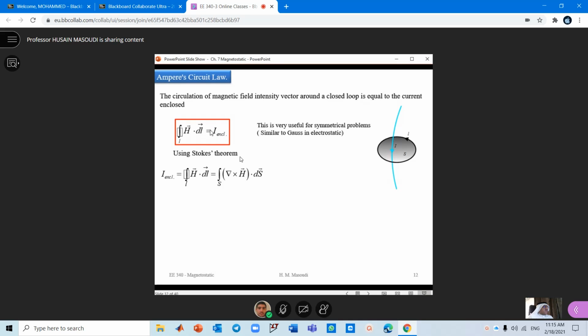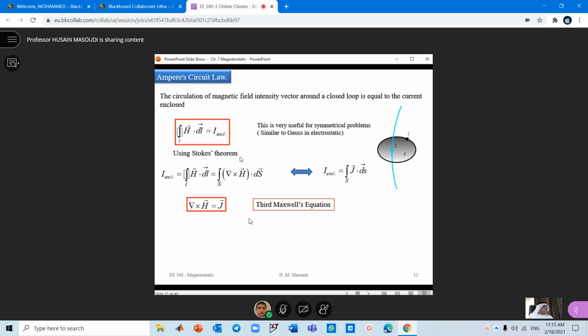And the current here, I can write in terms of the current density, J. If I know the current density, then I integrate over the surface area. Now, if I compare this integral and this integral, we get an equation which is the curl of H is equal to J.